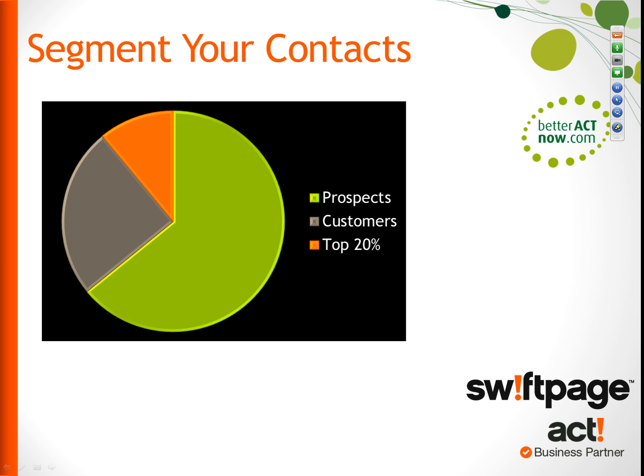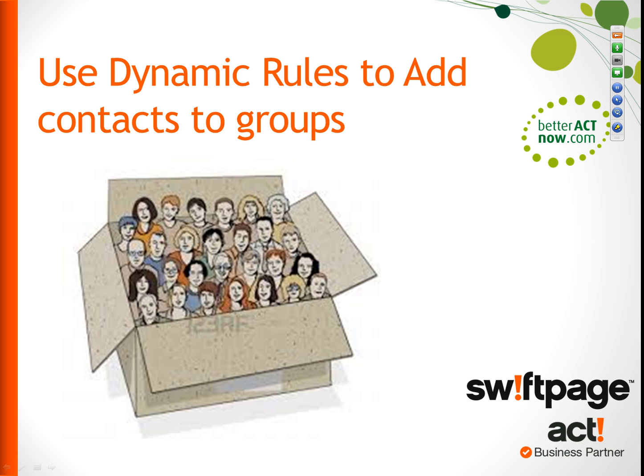So in order to do that, you really need to have rules set up so that when you add a contact to ACT, the rules will be checked and looked at, and if the contact meets the criteria, they'll drop automatically into that group where the rule is.